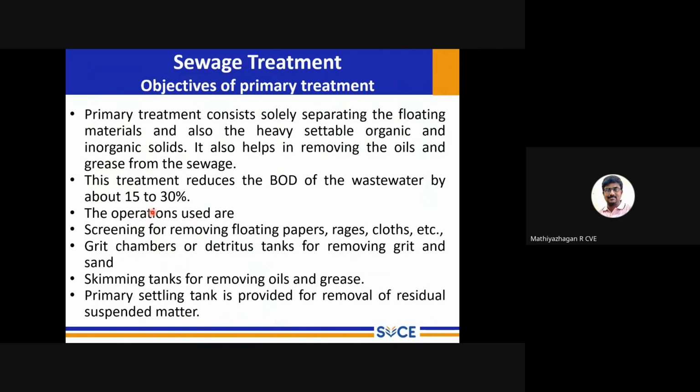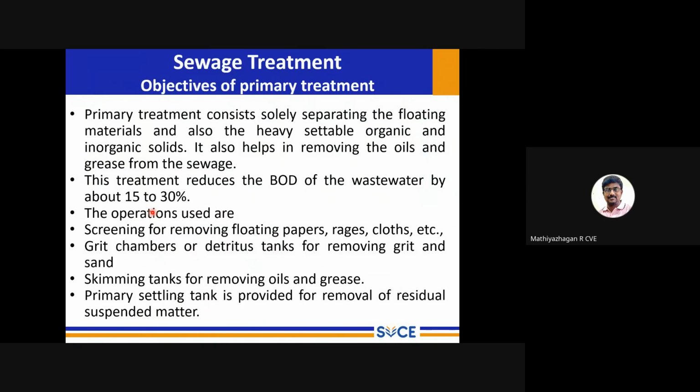In sewage treatment, we can classify preliminary, primary and secondary treatment. But in general, the screening, grit chamber and primary clarifier, these three units come under primary treatment.